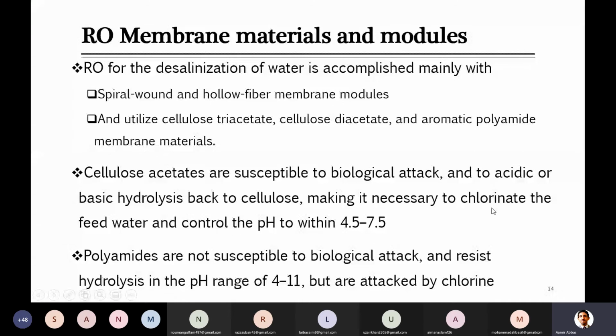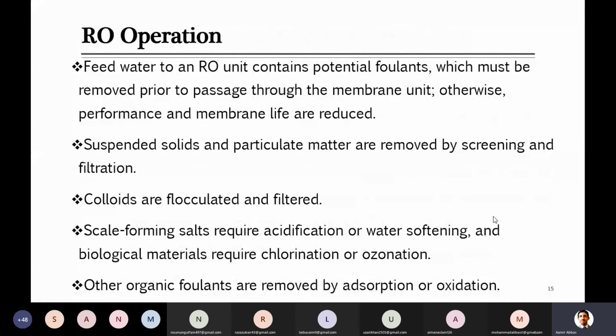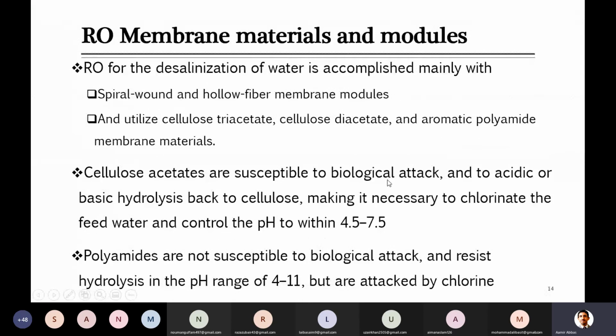Maybe you know that the purpose of chlorination is to kill the microorganisms inside the water, because chlorination is one of the techniques. So for example, if you have this kind of membrane and you analyze that the water contains biological material, then it is necessary to have a preliminary unit before this membrane, so that you can chlorinate the water which you are going to feed to the membrane.